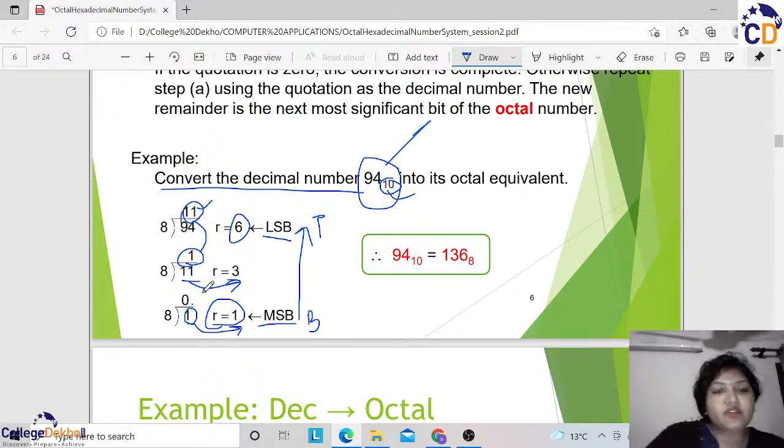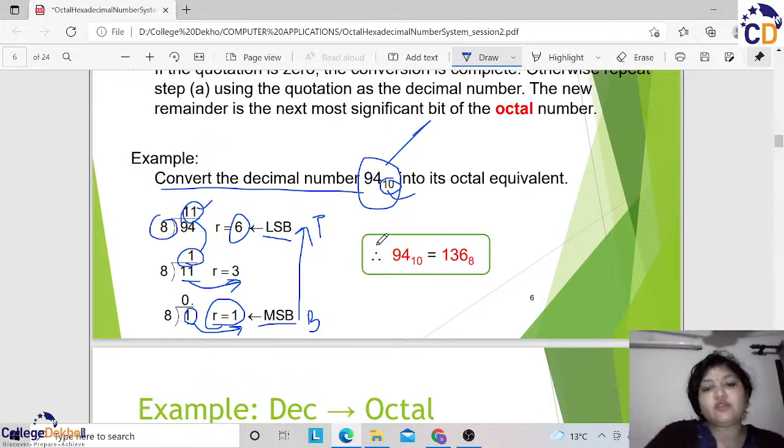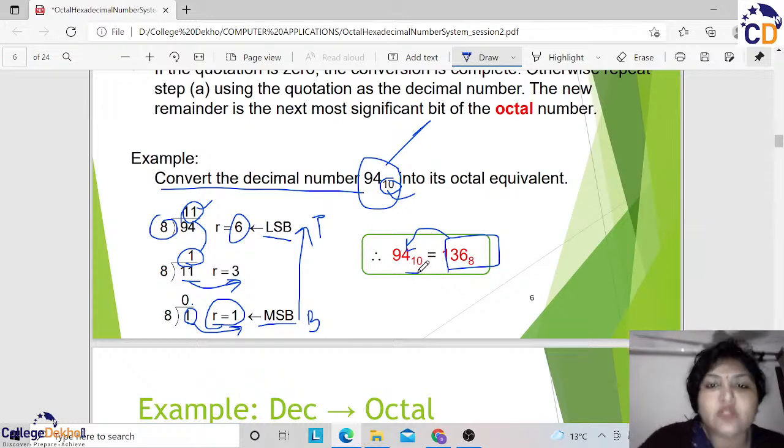Now here we get 1, 3 and 6, right? Now what is this 1, 3, 6? Because we have divided by 8, this is an octal representation for the decimal number 94 with the base 10. So this is the first example.